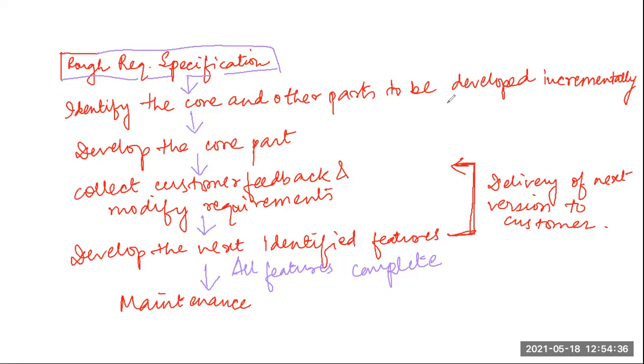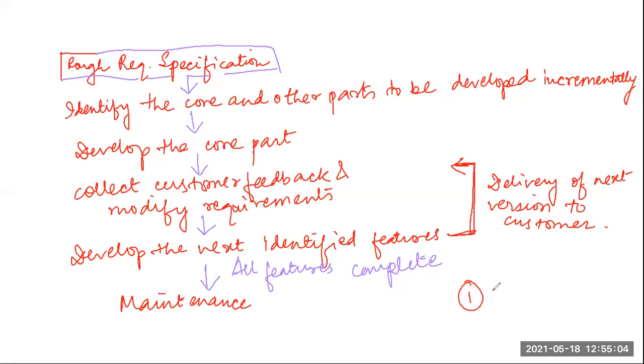Change requirements are always smaller in comparison to the large change requests that may come at the end when I am providing the software as a whole at one go to the customer. So obviously handling the change requests is better. So the first advantage which we studied is what?